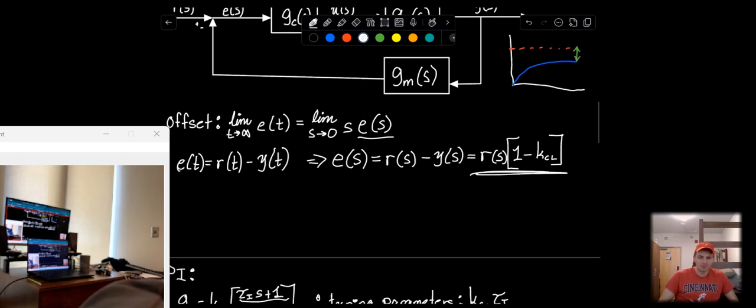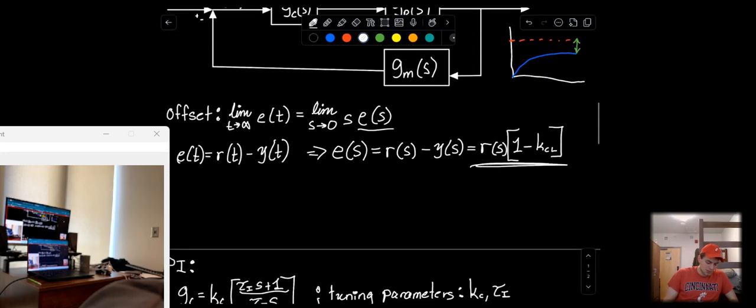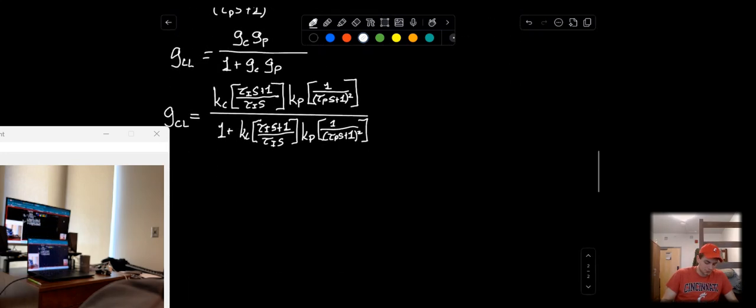We could use that relationship and attempt to minimize our offset in that way, or what we could simply say is, what is s times the closed loop gain, and if that closed loop gain is zeroed, then we could also figure it out that way.